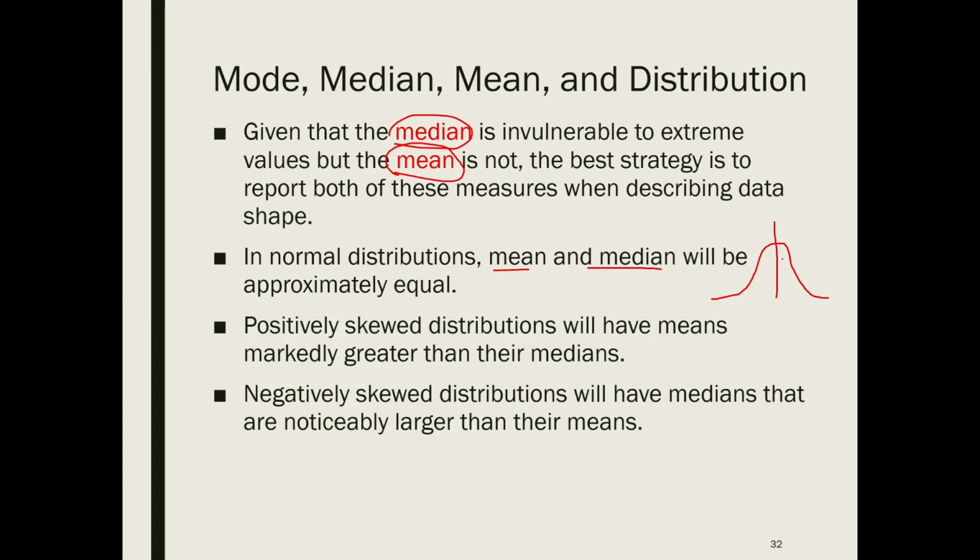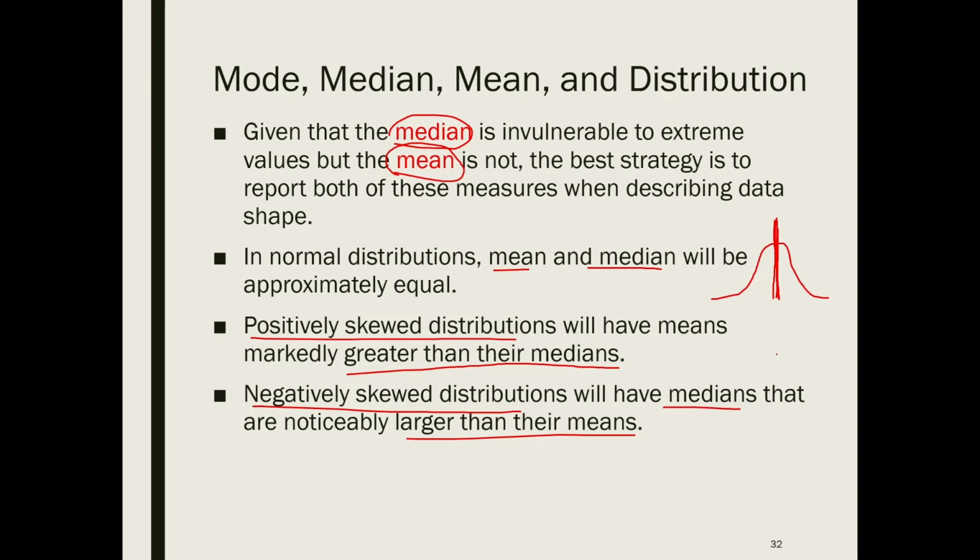The middle is sort of where the mean is, and also where the median is, and even where the mode is, right? In the positive skew distribution, the mean is greater than the median. In the negative skew distribution, the median is greater than the mean.